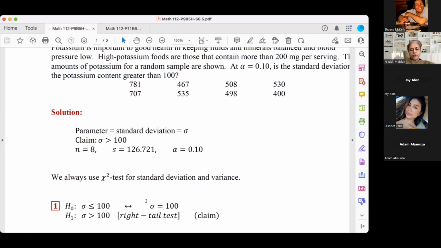I don't care if you write sigma equal 100. Then I look at the H1 statement, because that tells me what type of tail test I have. Sigma greater than 100. I'm looking at all the numbers larger than, to the right of, 100. So you have a right tail test.